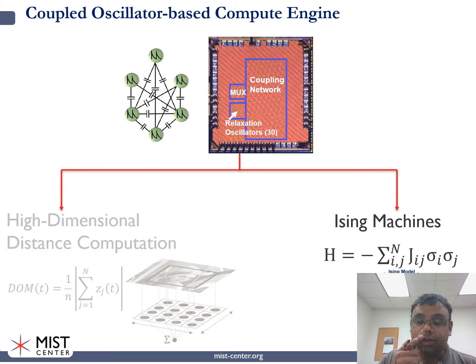Now, of course, the high dimensional distance computation is something that I'll describe in my project pitch, and so I'll not spend time on it here, and I'm also happy to answer questions offline as well. But for this talk, we will essentially focus on the application of oscillators as Ising machines.